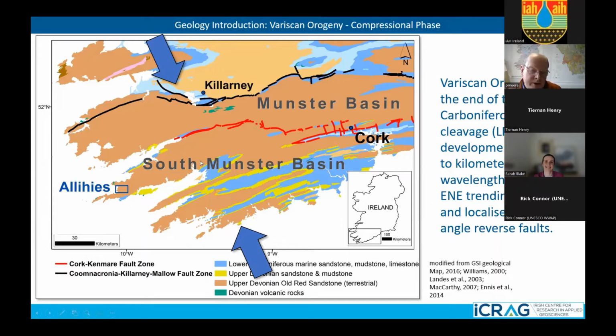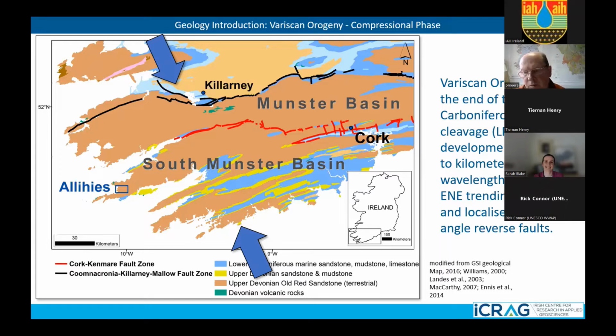Traditionally, the view was that this was very much a fold thrust belt. It's not really, and it's certainly not in the conventional thin-skin tectonics view of the world. What we're seeing here is the inversion of an impressive basin fill sequence. So at the late stage in deformation, we get high-angle reactivation of bounding fault structures, and we're going to come back to those because these are particularly interesting for us.